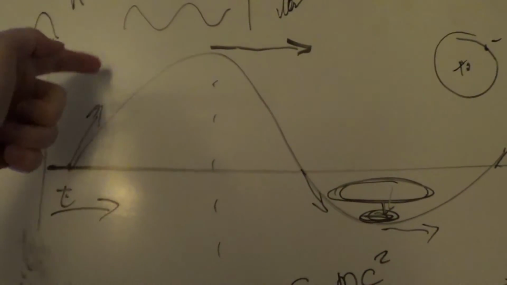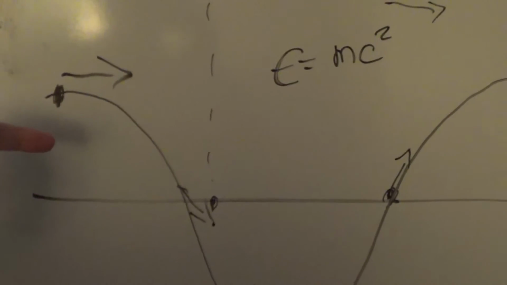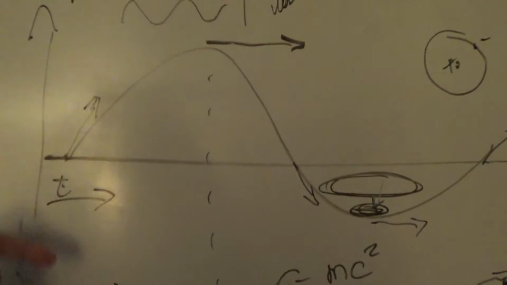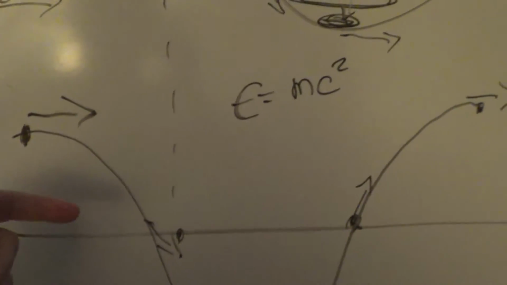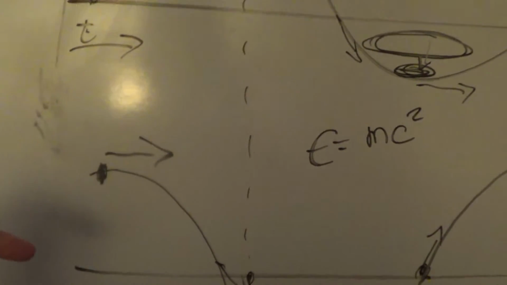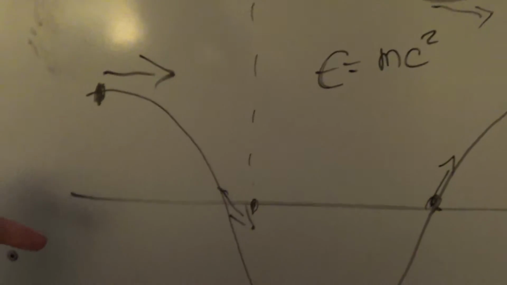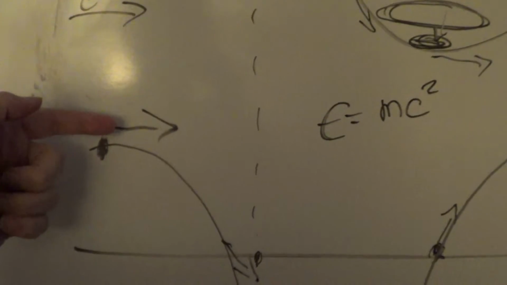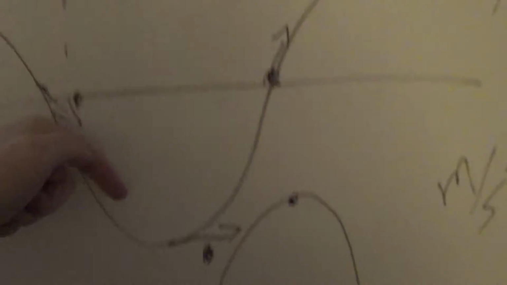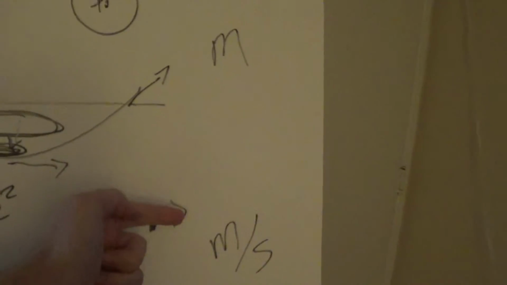This, being derived from that, is the derivative of this. This is a change in height according to time, which is the vertical velocity according to time. So the velocity starts off high, goes down to 0, goes down to negative, goes up to 0, and back up to the highest point.